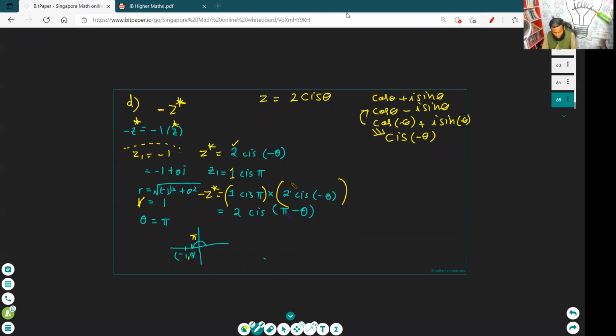Thank you. After that, you can do question number 4. I think now I can do it because it's the same thing, right? Yes. The question is, write iota in polar form. Can you write iota in polar form? Yeah, I can.